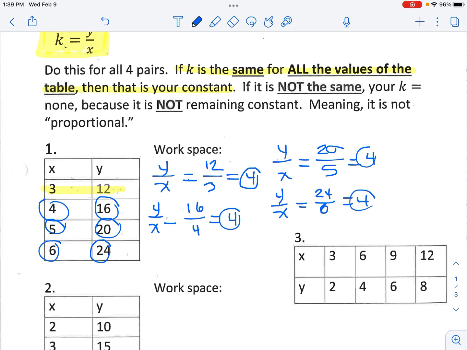So because all of my ratios simplified to 4, your answer would say k equals 4. The constant of proportionality equals 4 for table 1.